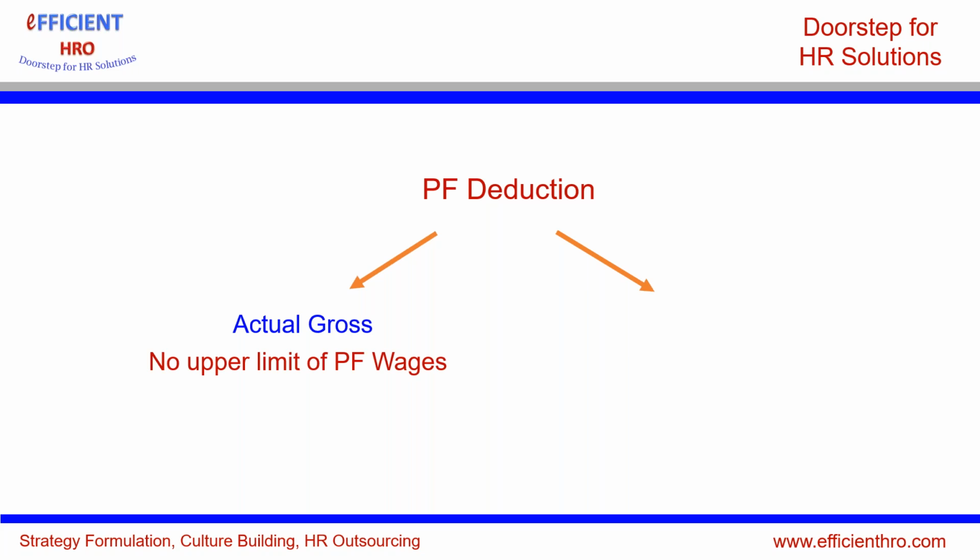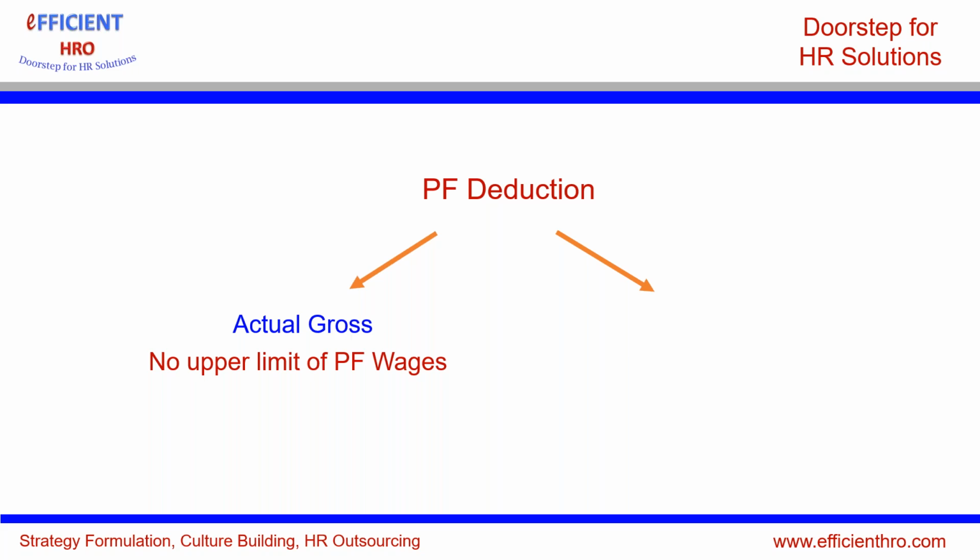So when we say actual gross, there is no upper limit for deducting PF on PF wages, or you can say the gross amount also. It can be 15,000, 20,000, 50,000, 1 lakh, or beyond 1 lakh also.